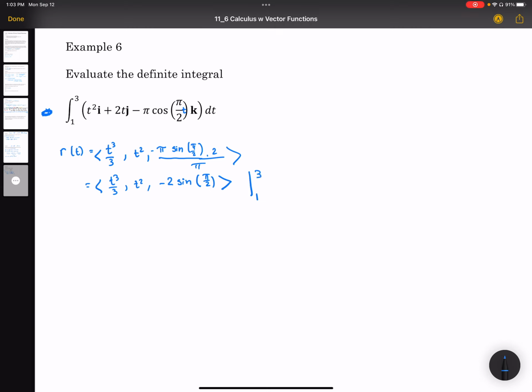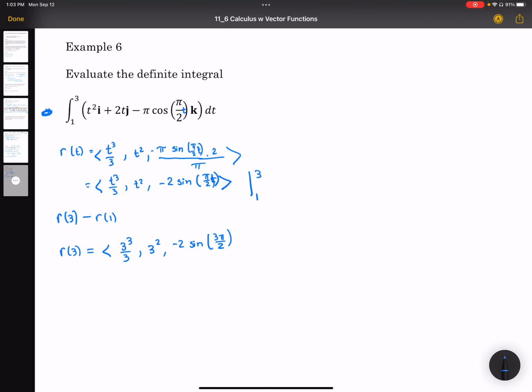So remember, for a definite integral, this is going to equal r of 3 minus r of 1. So it's just two vectors subtracted. r of 3 is going to equal 3 cubed over 3, 3 squared, and negative 2 sine of 3 pi over 2.